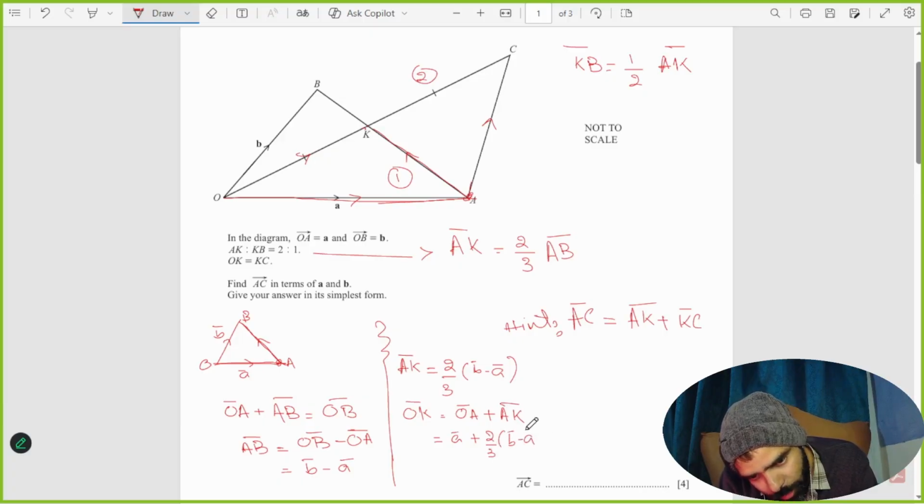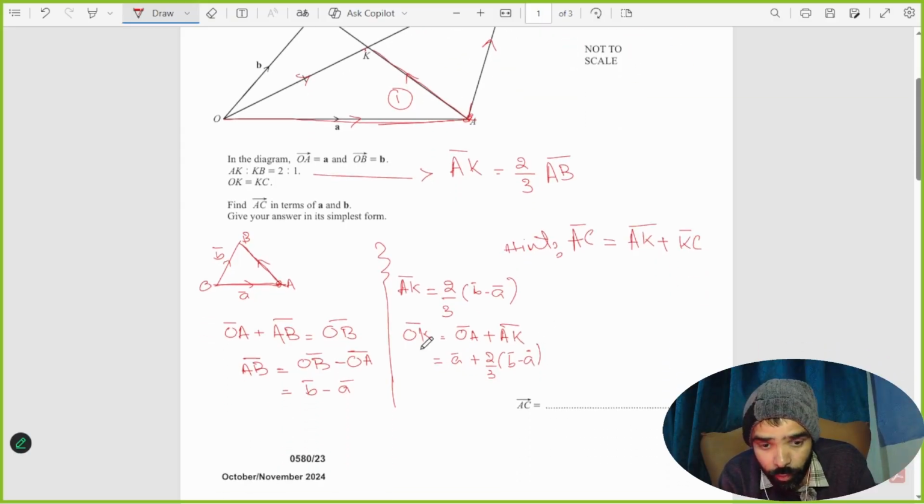We open the brackets. Can you open the brackets and solve for OK? A terms we have to add together, right? So it will be A minus 2 by 3A, correct? Because this is A and this is 2 by 3 times minus A, so minus 2 by 3A plus 2 by 3B.